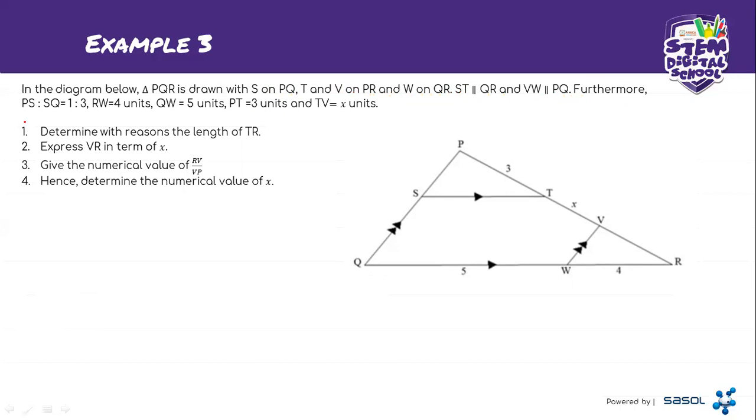Furthermore, the ratio of PS is to SQ is 1:3. And then RW is 4 units, whereas QW is equals to 5 units. But I think we'll be answering that question.